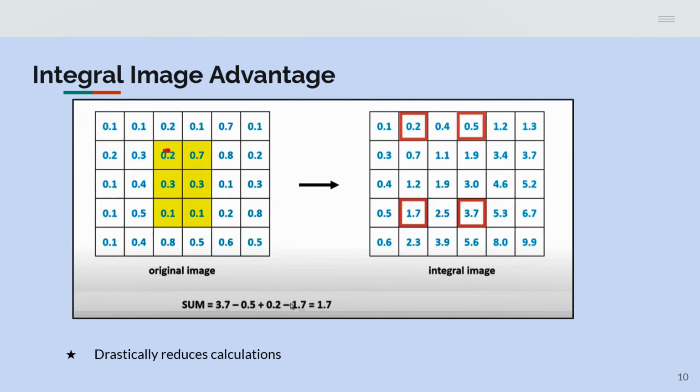So for this particular region, the delta value will be simply 3.7 minus 0.5, then we add this pixel and finally subtract. So we need not do individual adding of all these pixels. We are simply taking into consideration 4 pixel values, and that is giving us the delta. So in this way we are able to drastically reduce the calculations.